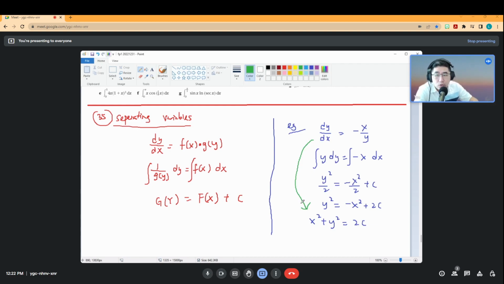Over here there are many different differential equations. This is actually called a differential equation, but this type is called separable. As you can see from here, the question can appear as anything.